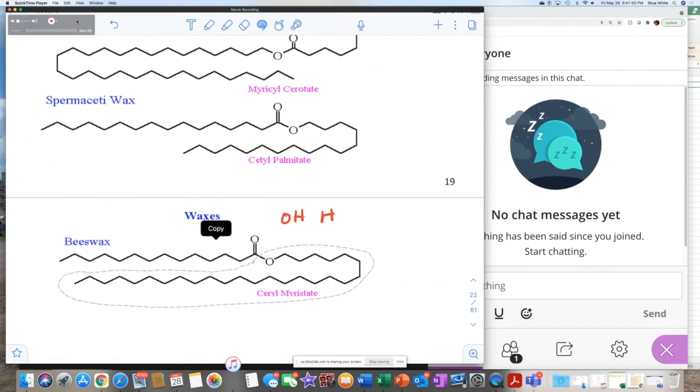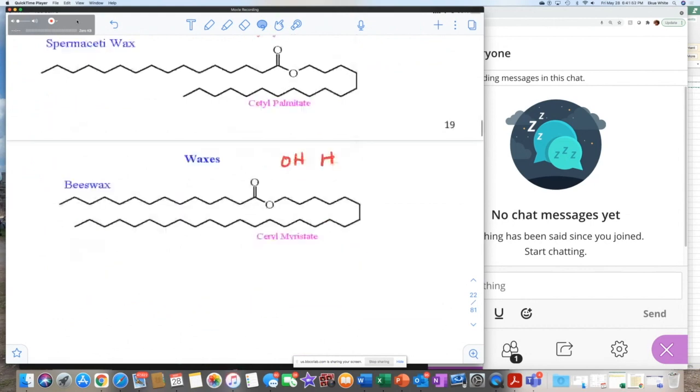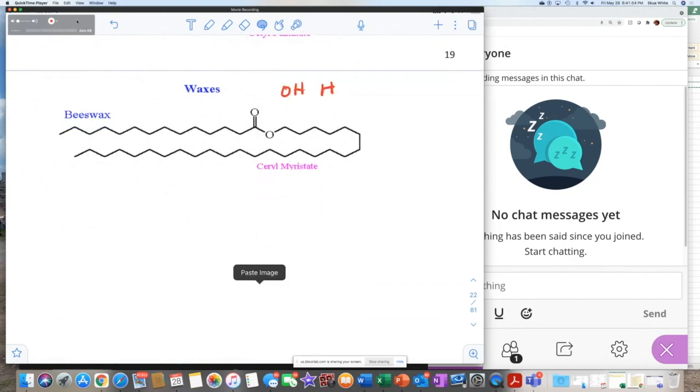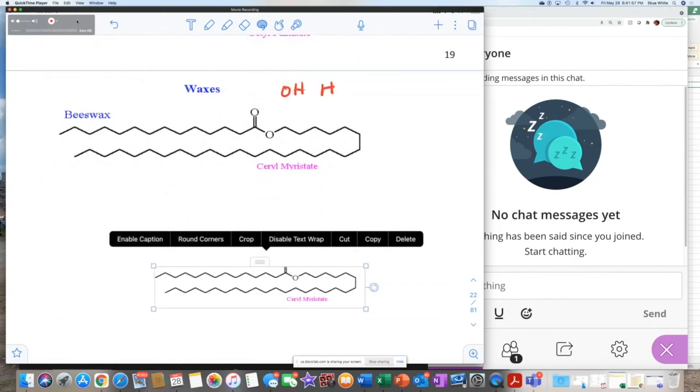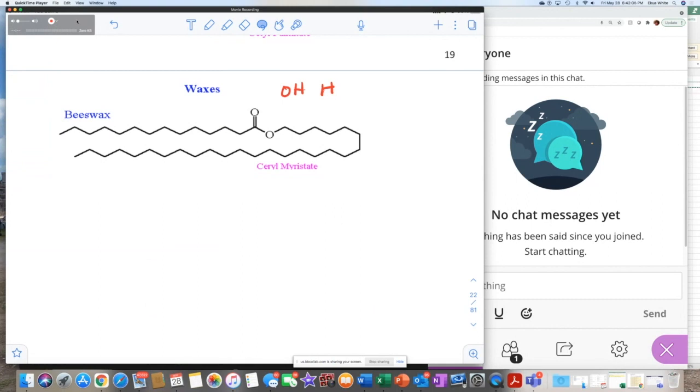I wanted to cut. It's not the same. It copied the whole structure. That's not what I wanted to do. I wanted to cut. Ah, it's not gonna work. Okay, y'all. I have to draw this out. It only allows me one thing. I can only copy. Okay, that's okay.